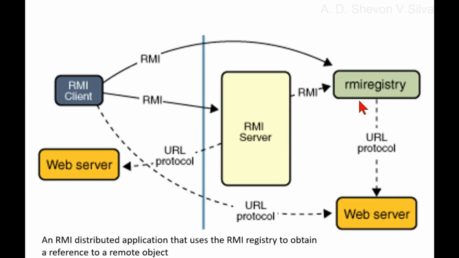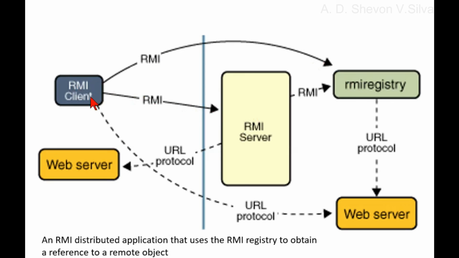The client looks up the remote object by its name in the server's registry and then invokes a method on it.